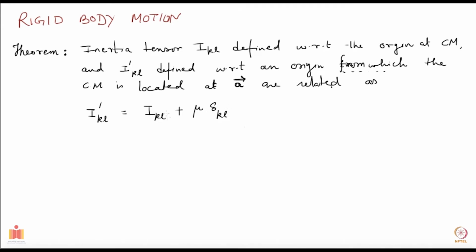You see there are two indices here, so whatever I write down should also have two free indices, and this is what you'll get. If you look at this, it is as if there is a particle of mass mu located at vector A.